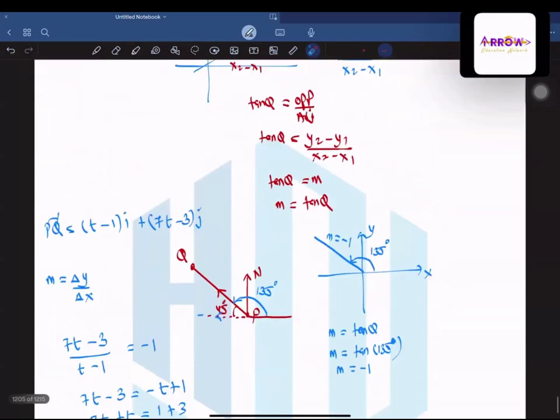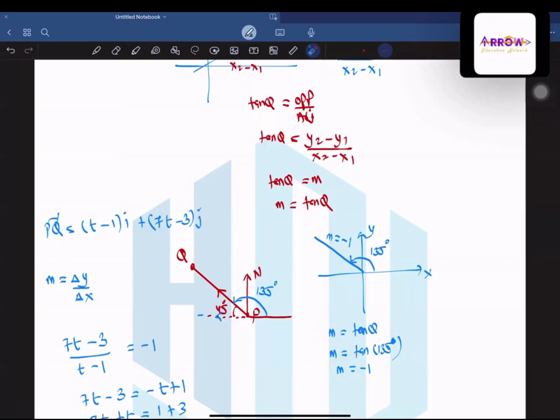Okay, so obviously this line would have a gradient of -1 because m is equal to tan 135. Anyone who sees this line would say that this is a downward sloping line, not an upward sloping line.